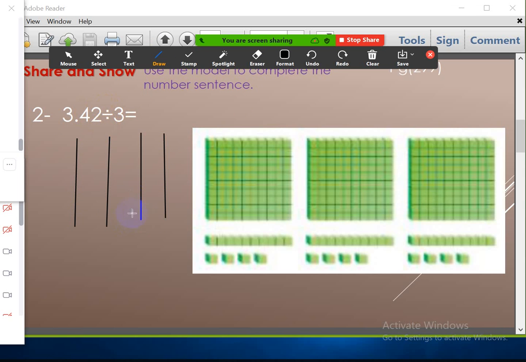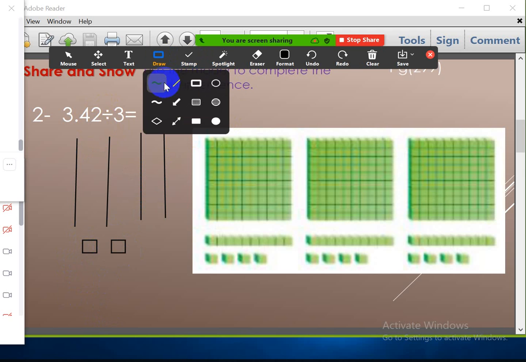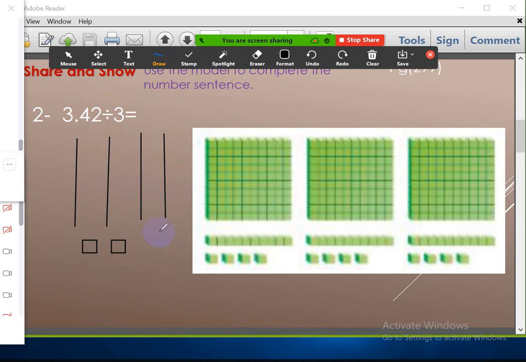I have two small cubes. That means 2 in the hundreds means 2 small cubes, because the hundreds are represented with the small cubes. This is the base 10 blocks that represent the number: 3 flats, 4 longs, and 2 small cubes.